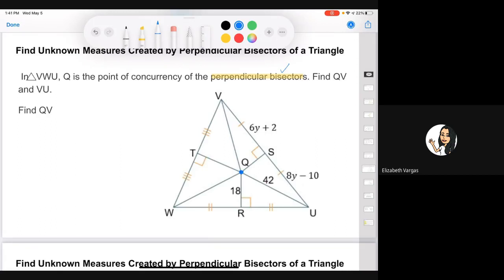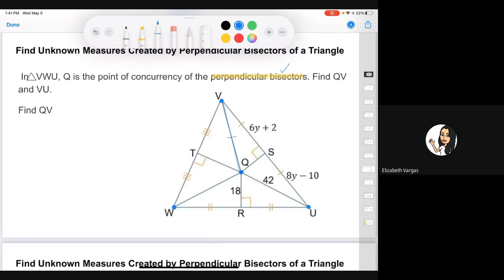That being said, I'll notice that QV is attached to one of my vertices. I have three vertices, just points at the end of the triangle, and QV is one of them. Well, I know that my circumcenter is equidistant from all of my vertices.